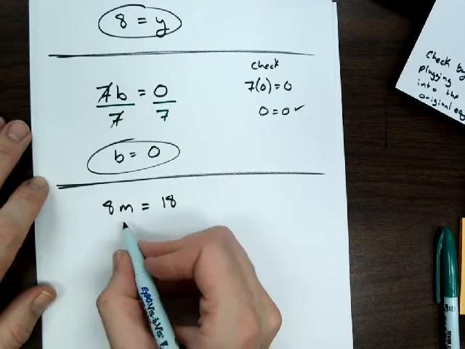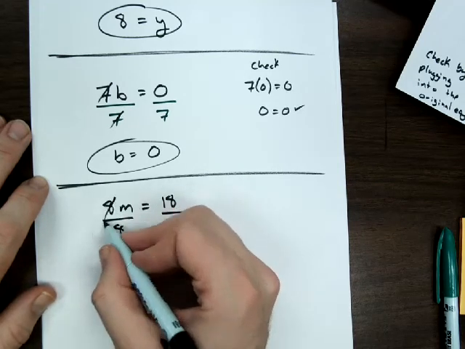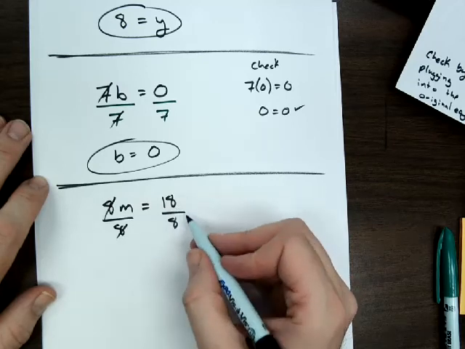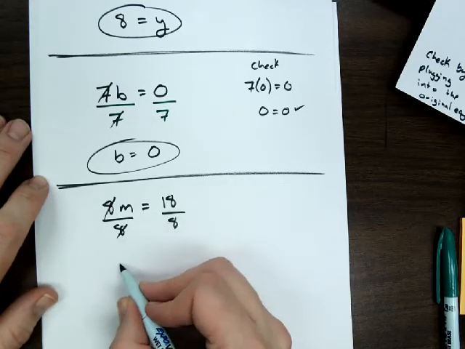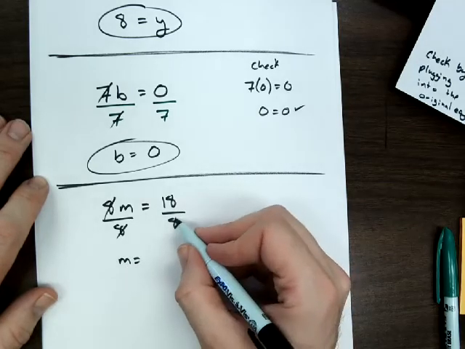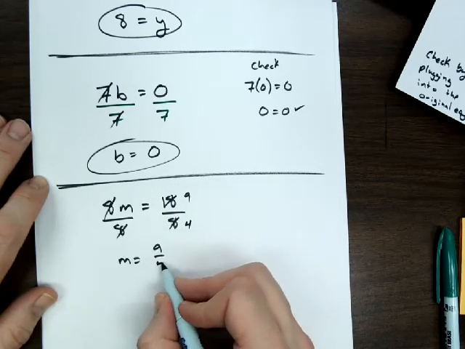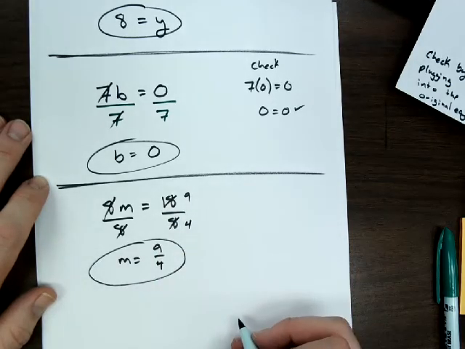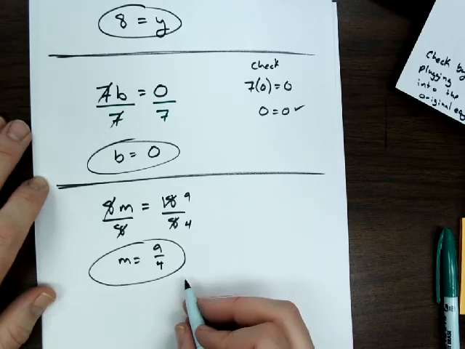Let's take both sides here and divide by 8. 8 doesn't go into 18 very neatly, but I could reduce this fraction. 18 divided by 8 looks like I could divide both the top and bottom by 2. I'd end up with 9 over 4. Oh, 9/4. Your answer could be a fraction. It is okay to have fractions as answers.